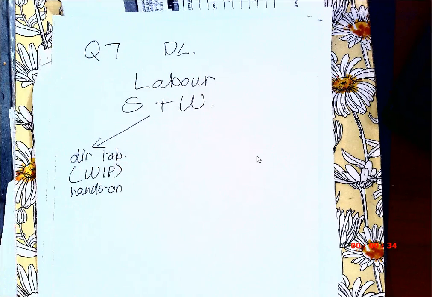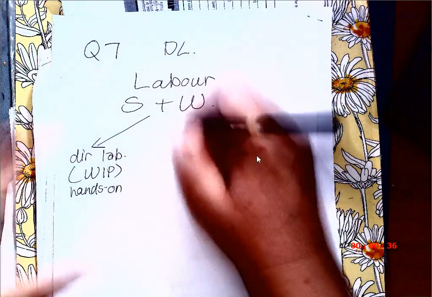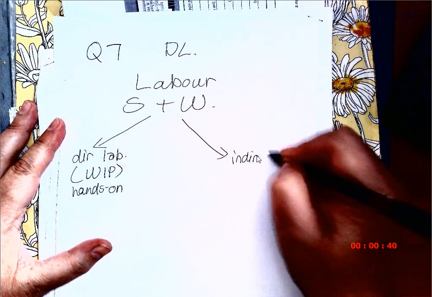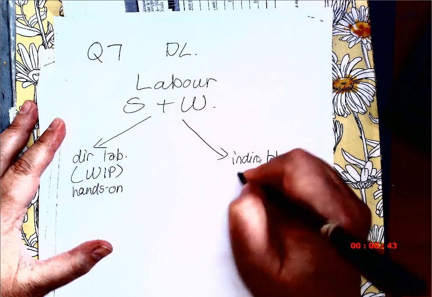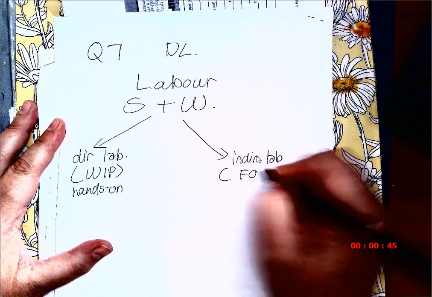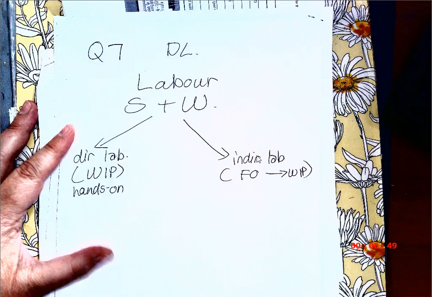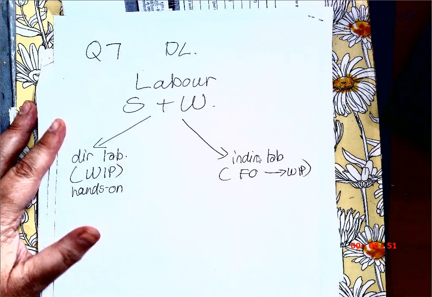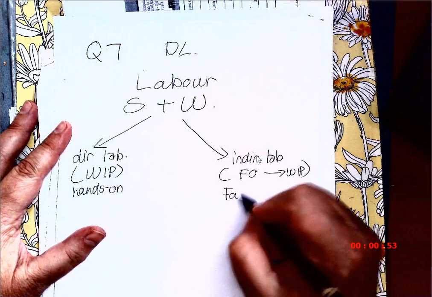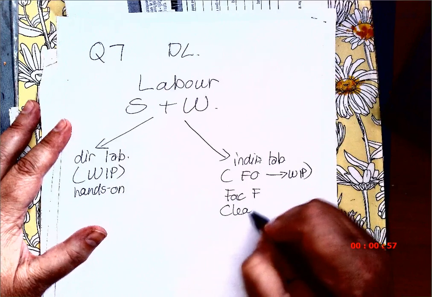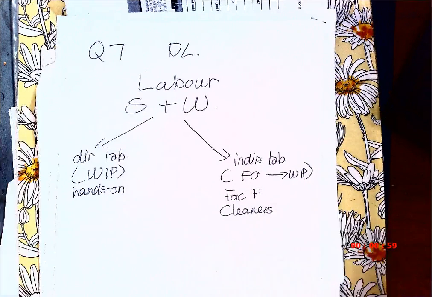You understand that? Then you have your indirect labor, which goes to the factory overheads, which goes to work in process. Can you see? Indirect, it walks a little path. And this is usually the factory foreman and the cleaners and the maintenance team, anybody working in the factory but not making the product.